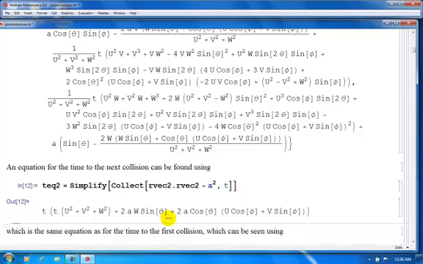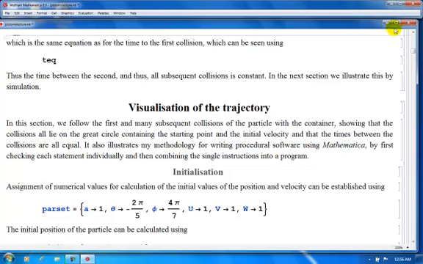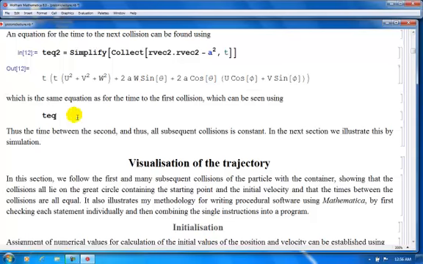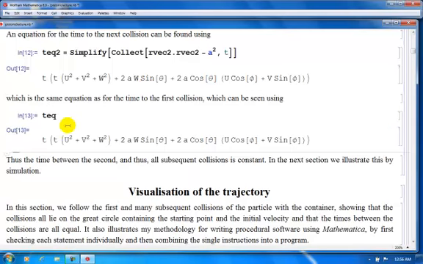This looks rather like the same one we had before, so let's just check that. This was the previous equation, and we can see that they're identical, and therefore that the time to the second collision is the same as the time to the first collision, and so on, so that the time between all the collisions is a constant.